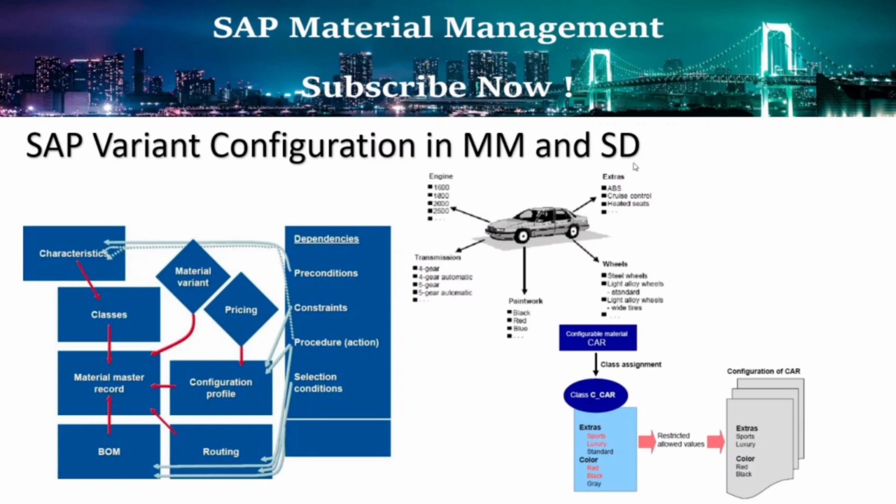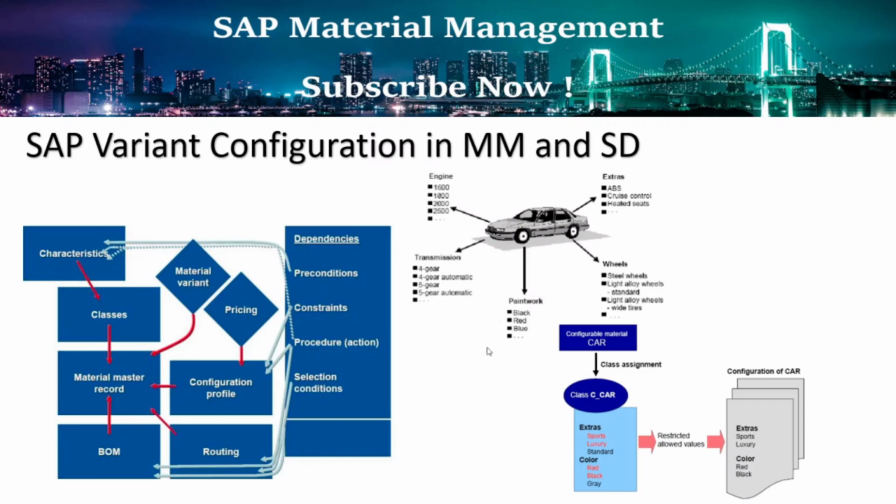These are normal characteristics with each value, but we can also have reference characteristics, and these are characteristics that refer to tables and fields. Tables and structures whose field values can be changed by dependencies.